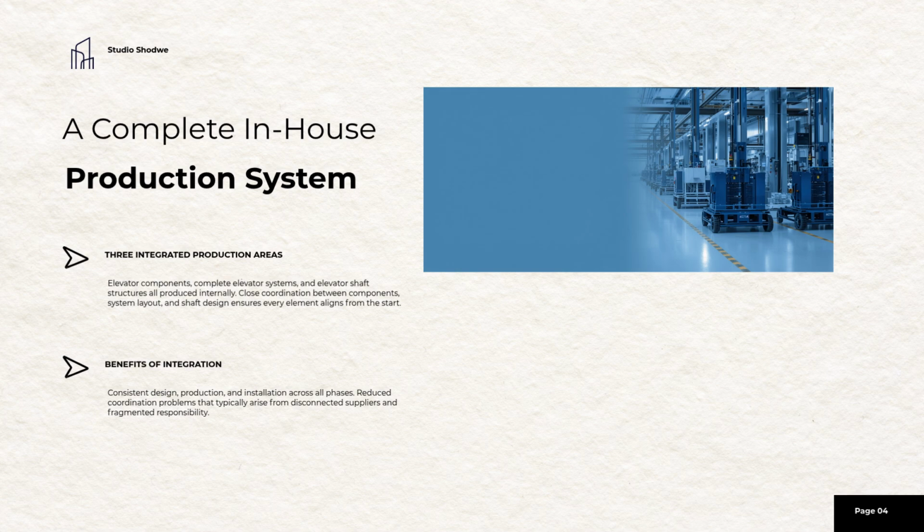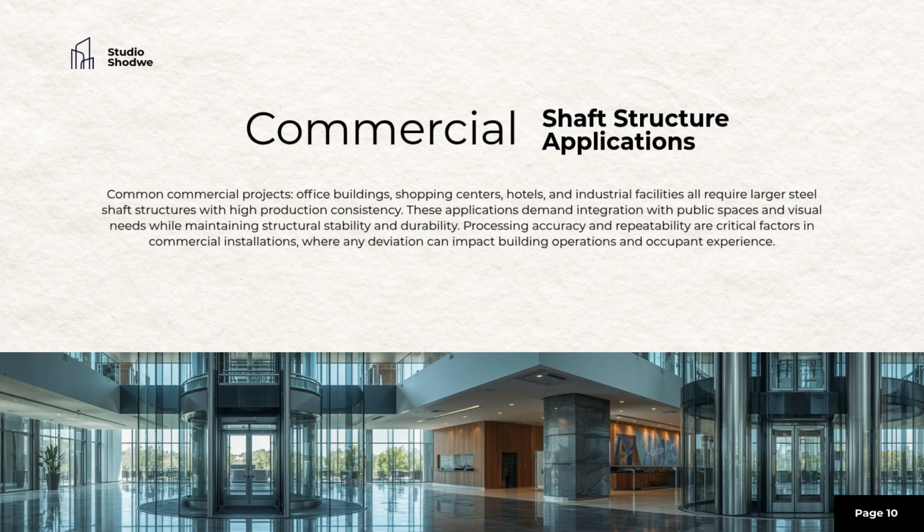The shaft structure supports the elevator and affects installation accuracy. When these parts are produced and coordinated internally, it becomes easier to keep design, production, and installation consistent. This does not mean every project becomes simple, but it can reduce avoidable coordination problems caused by disconnected suppliers.